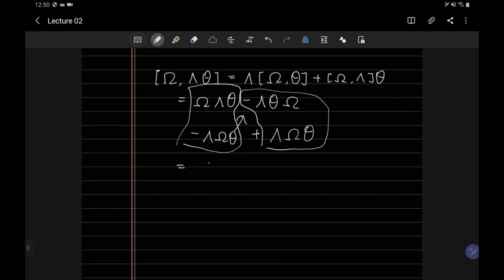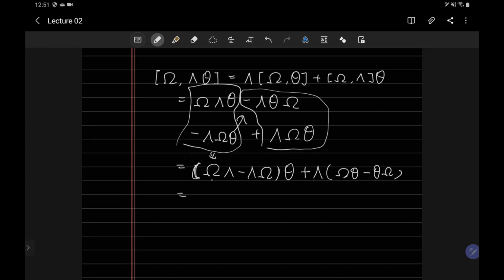If I collect the first group, they have the same theta at the end, so they become omega lambda minus lambda omega, multiplied by theta. The second terms have the common factor of lambda, so we can collect them: omega theta minus theta omega.